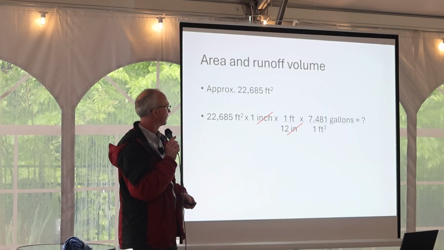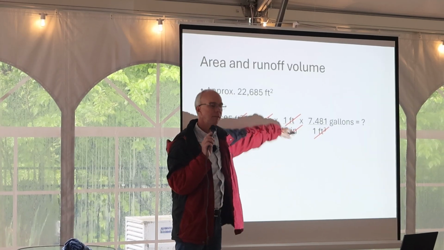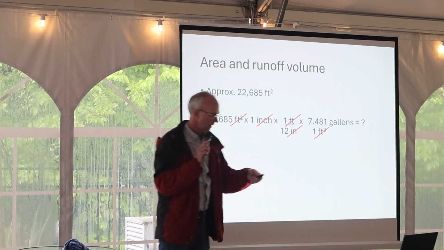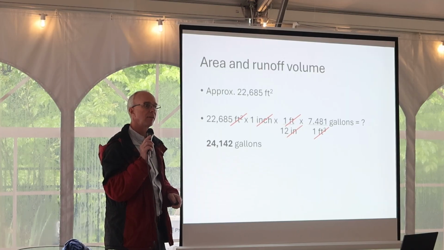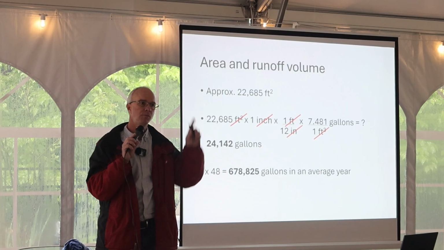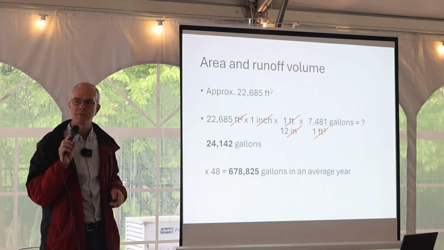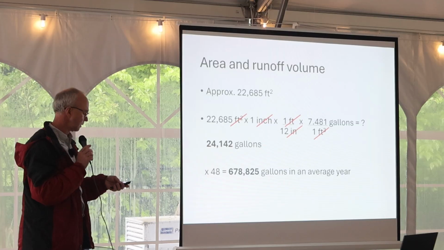So our units cancel, inches cancel, square feet times feet is cubic feet. That cancels. And we get 24,142 gallons. So if you wanted to do the average year like I did for this site, you just multiply that by 48. So this is just a simple example of how you can do that kind of calculation.